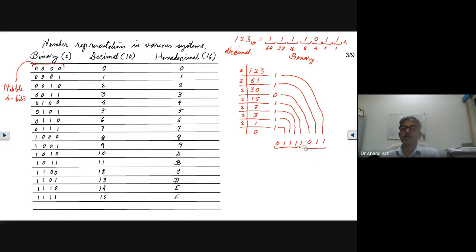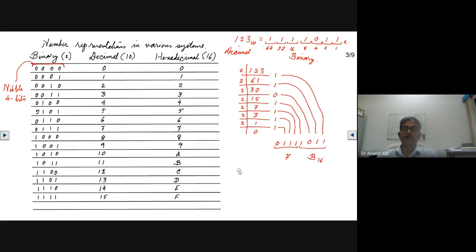Now this corresponds to 1011, and you can see 1011 is B. So this corresponds to B, and this is 0111. 0111 is 7. So this is 7. So 123 represented in the hexadecimal system is 7B.